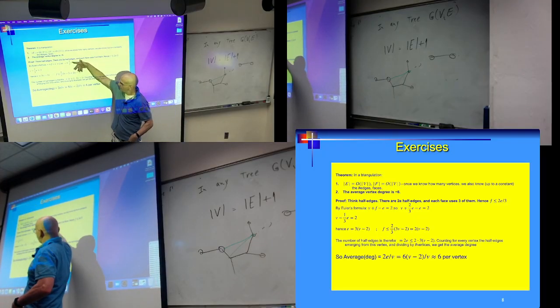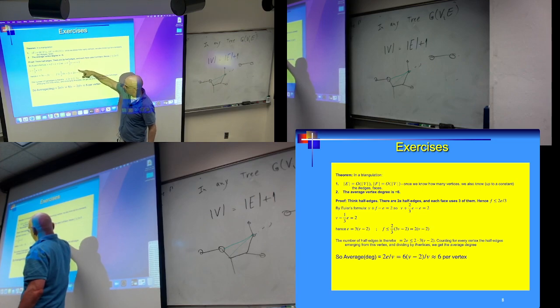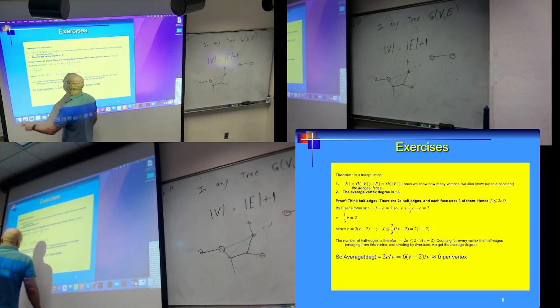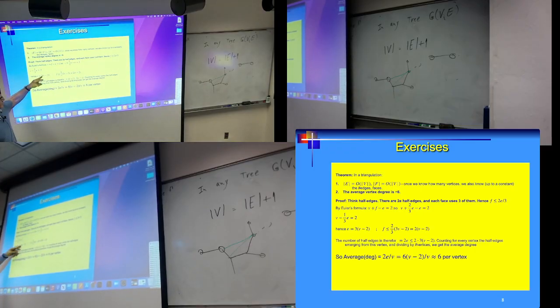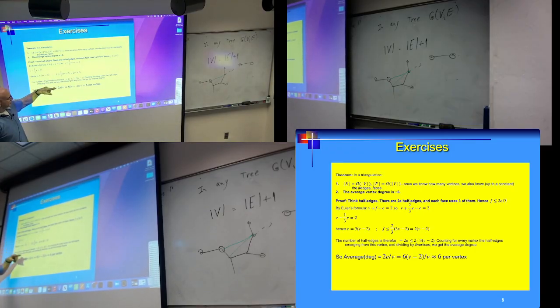Throwing it back into Euler's formula and crunching the numbers, we get that the number of edges is only 3 times the number of vertices.